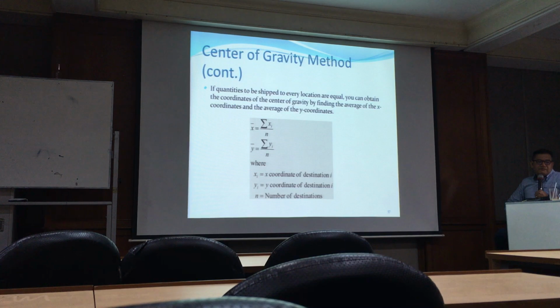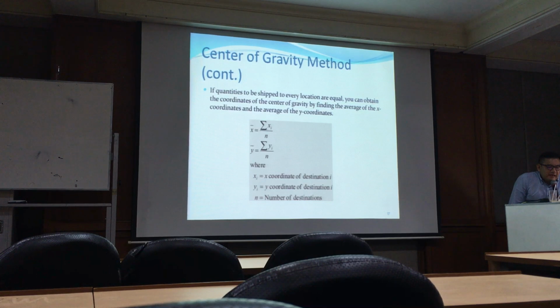This is a formula, right? So the formula of the center of gravity is just like the mean or the average of the coordinates x and y. If you look at the formula, the average of the x coordinate is calculated by summing all the x coordinates from all destinations and then dividing by n, the number of destinations. Y is the same.